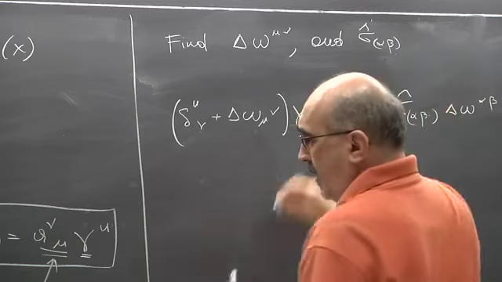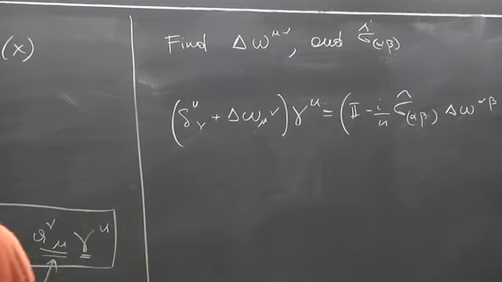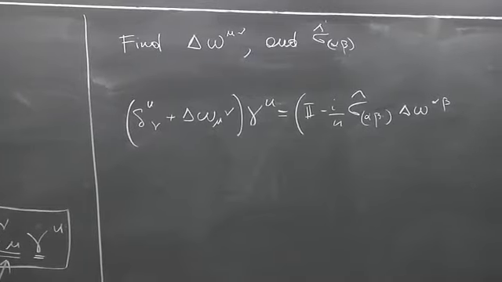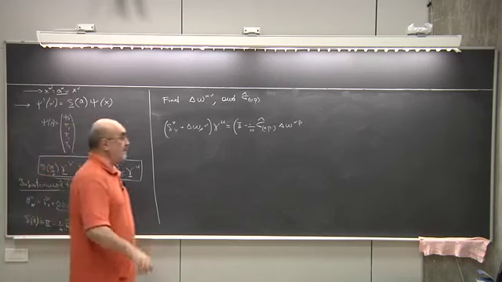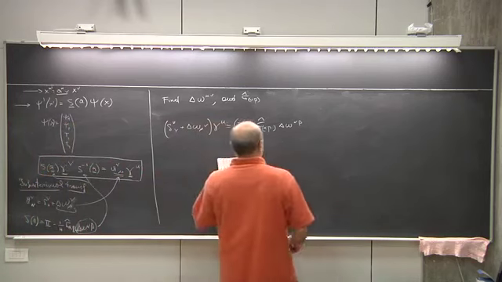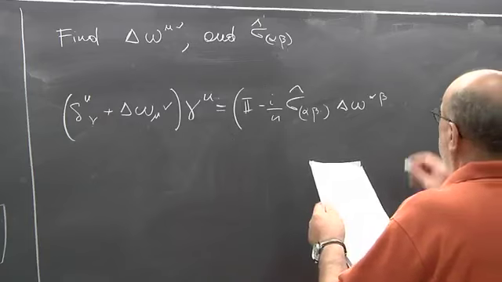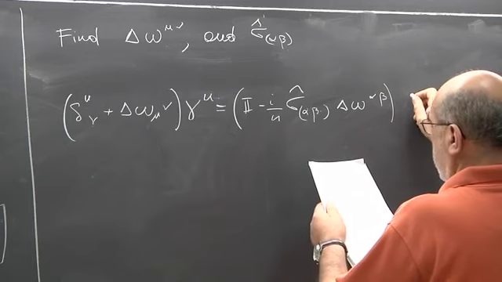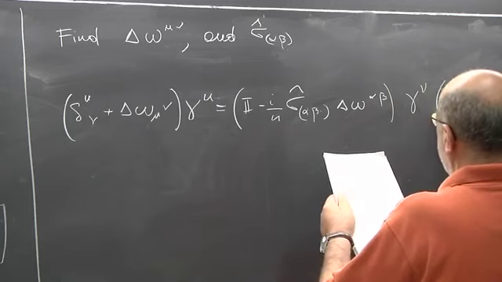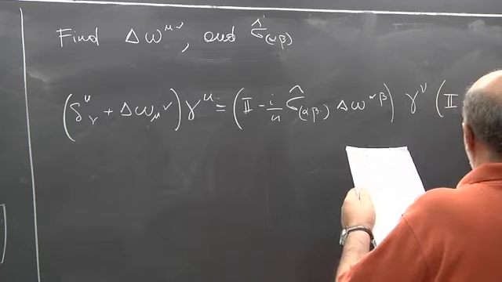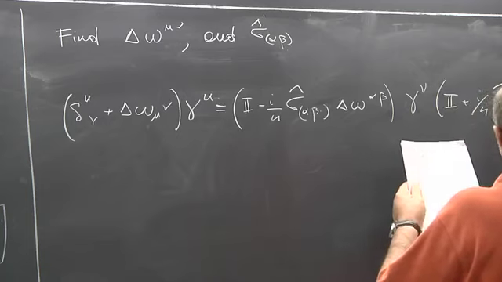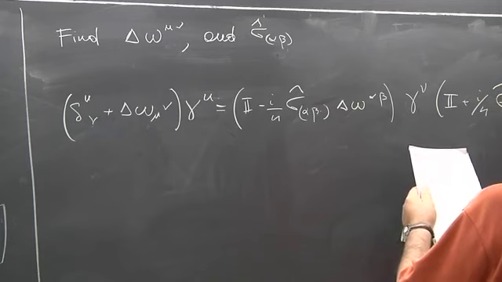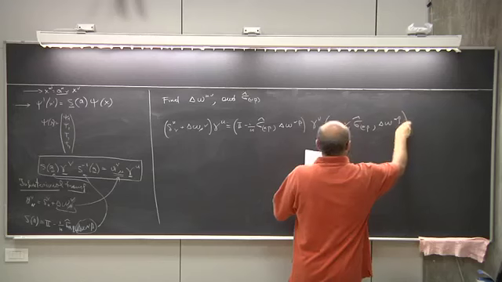I have put a hat on it just to indicate that it's a matrix. These are not numbers. These are matrices labeled by alpha and beta. There are 16 matrices labeled by alpha and beta. Then we have gamma nu, and we have 1 plus i/4 sigma alpha beta delta omega alpha beta.